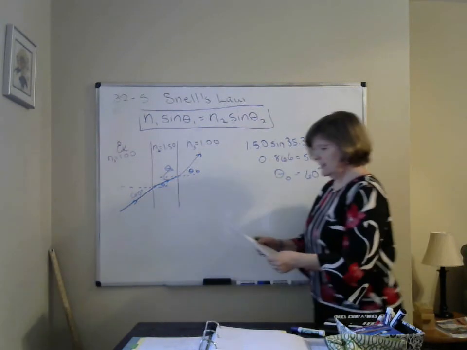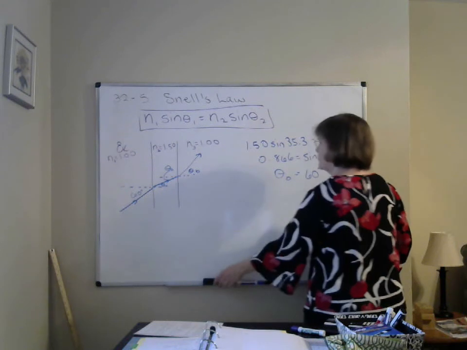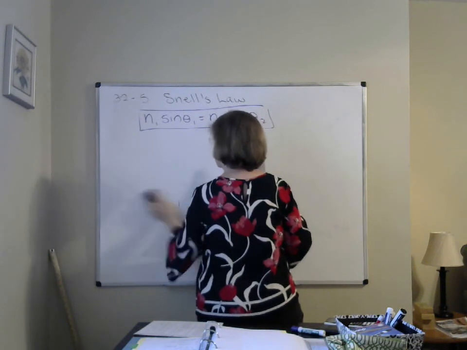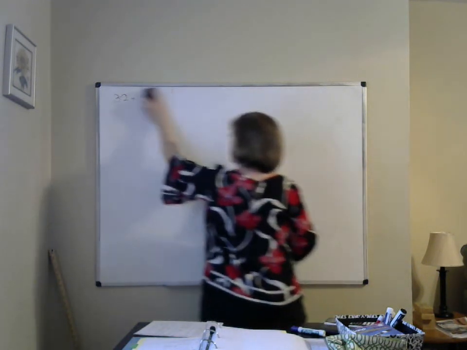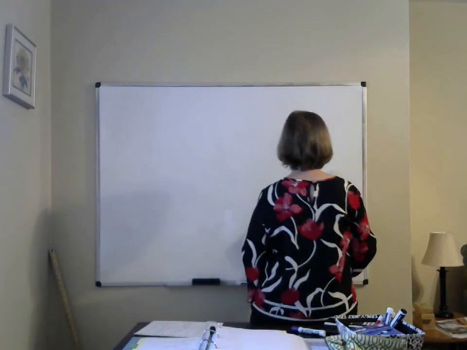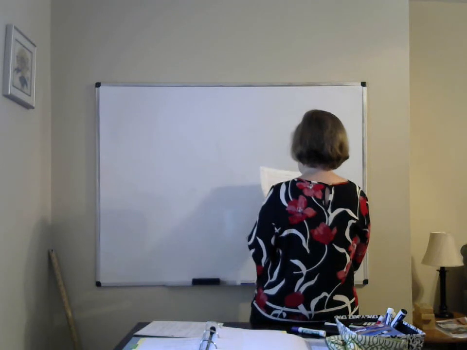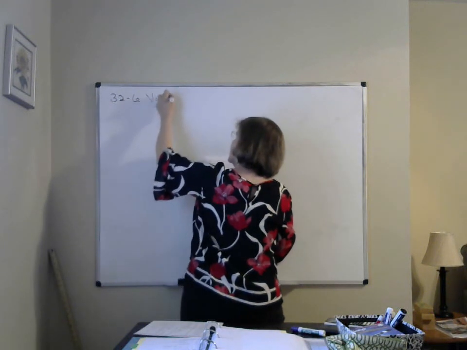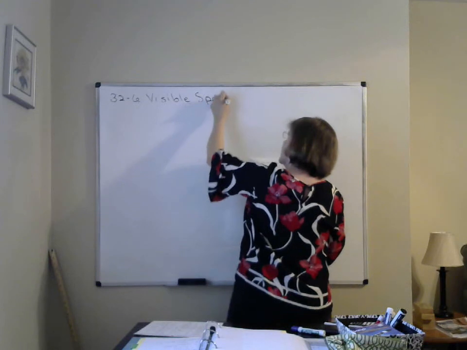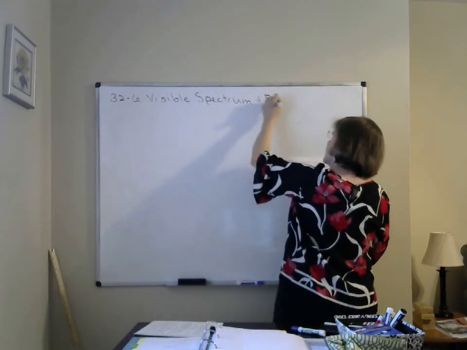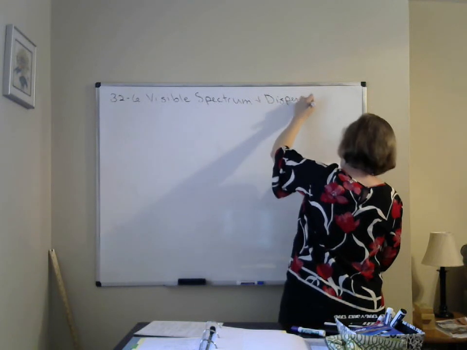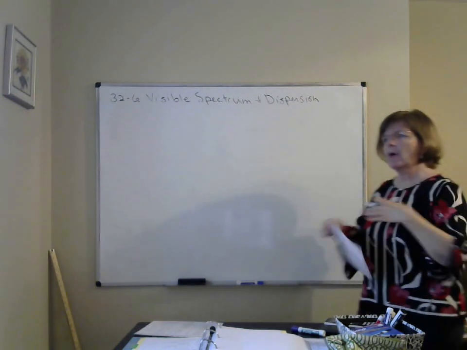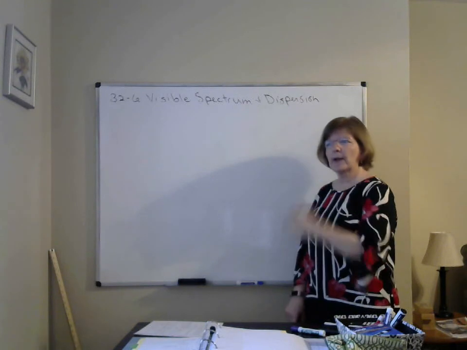Section 32.6 deals with the idea of dispersion. You'll remember that when we talked about the electromagnetic spectrum, it covered a broad range of types of waves, everything from radio waves to gamma rays.